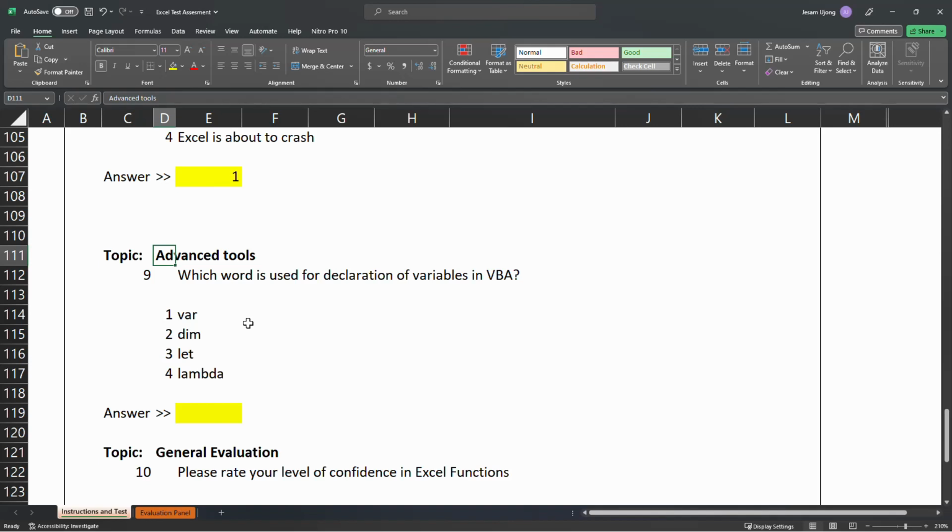It's actually advanced. So which of the words in declaration? I'll just try. So declaration of variables in VBA. So variables, VAR, right? Common sense could tell, oh, VAR. Yeah, so I'll just go for one.